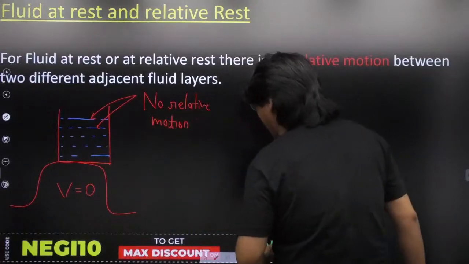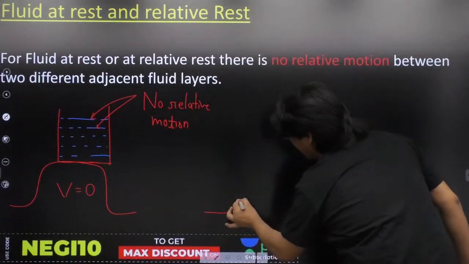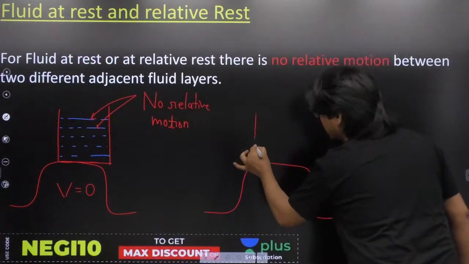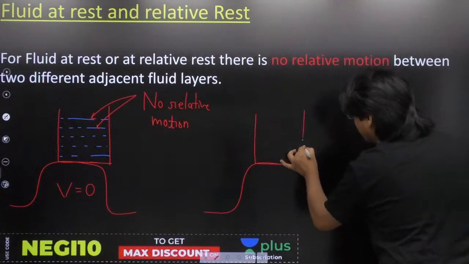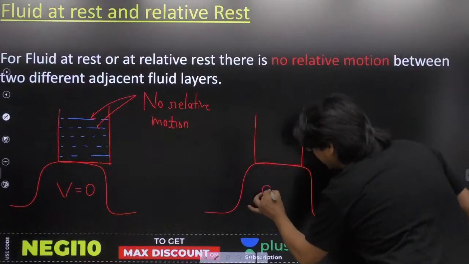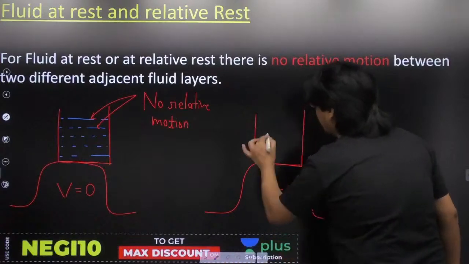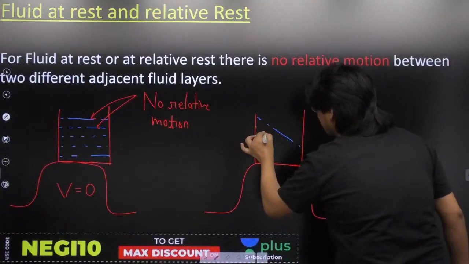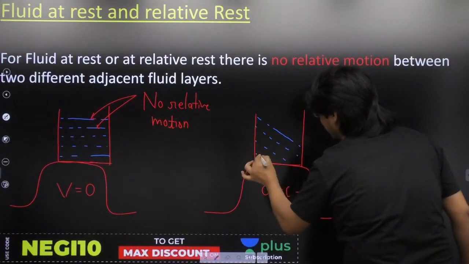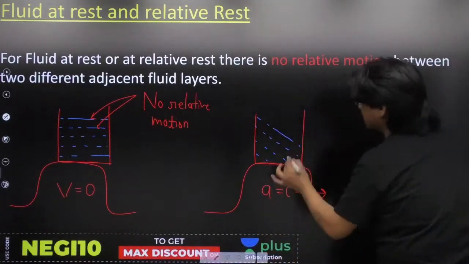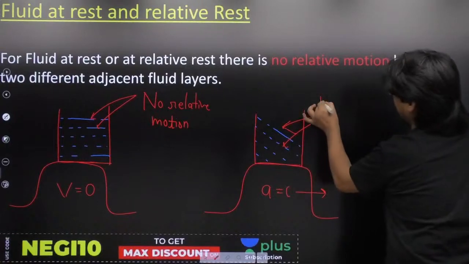Let us suppose the same car starts moving with constant acceleration in this direction. So what will happen? We will be getting something like this. Now in this case also, there is no relative motion.